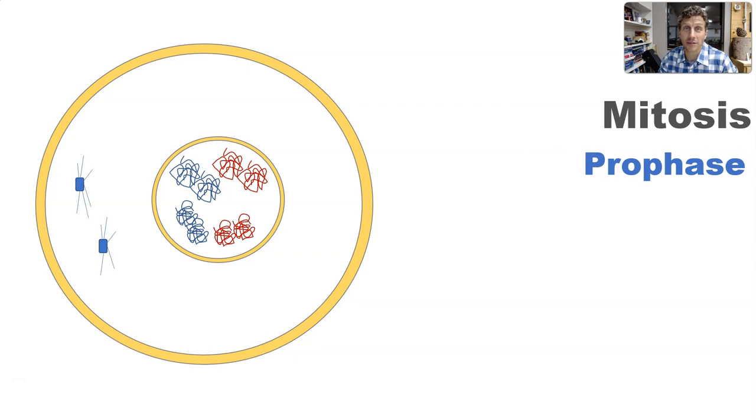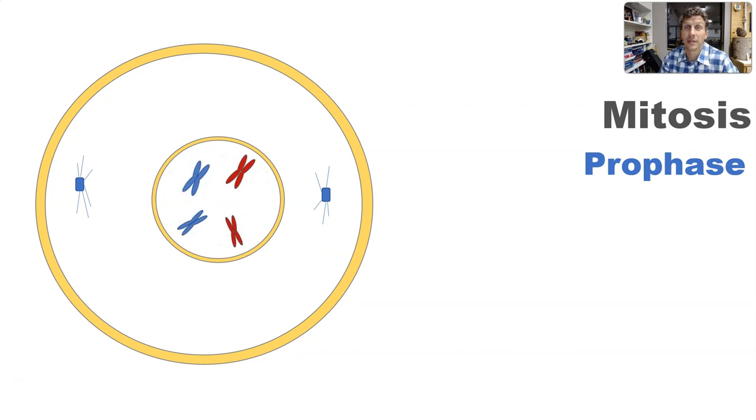Okay, mitosis. Within mitosis, there are 5 subphases, and prophase is the first one. And what happens? Well, we get the centrioles moving to opposite ends. You don't need to know that name, but you do need to know the rest of this. You need to know that the chromosomes go from chromatin form into X shapes.